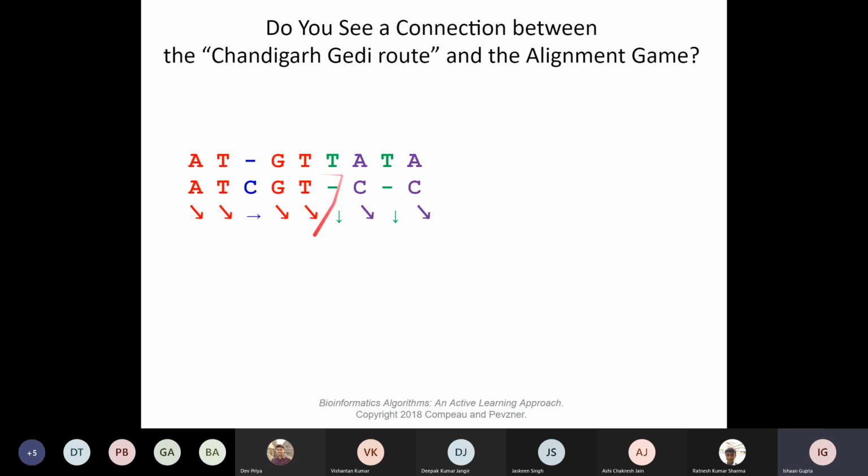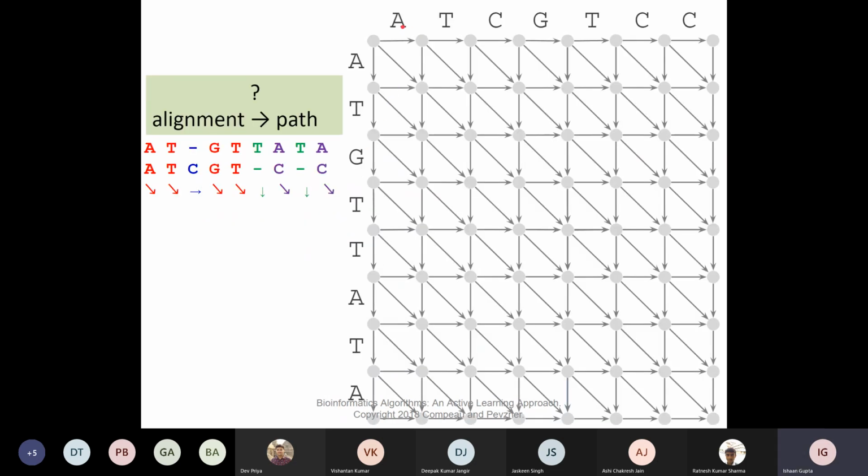So let us say these are the two alignments that we already had. Now let us represent these alignments in the form of a matrix like this, right? Let us say this is the first sequence that we originally had, and this is the second sequence that we originally had. So now let us see. Whenever there is a match, we move diagonally, like this. Then there is an insertion, so we move right here.